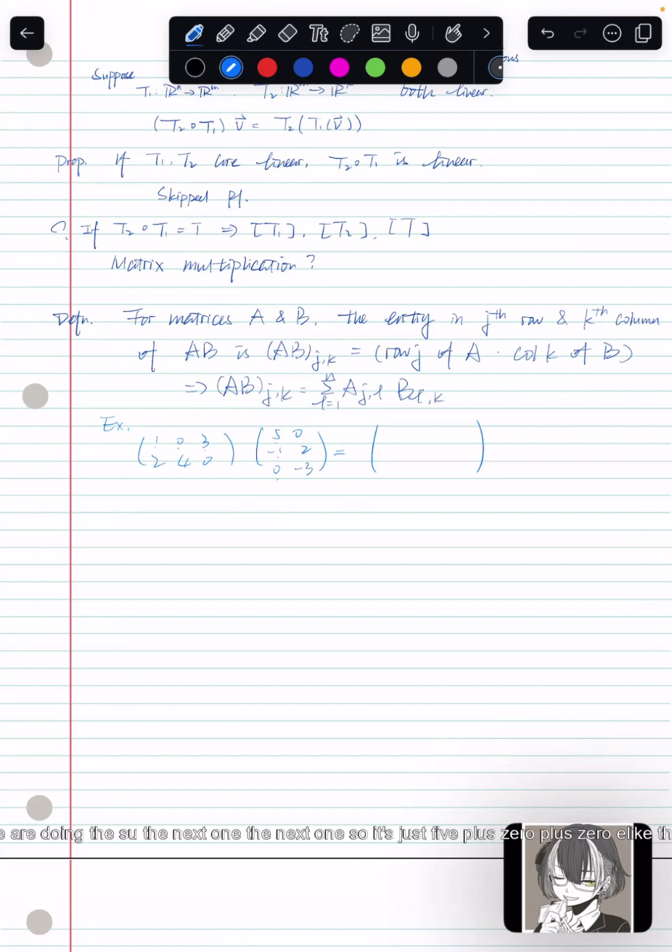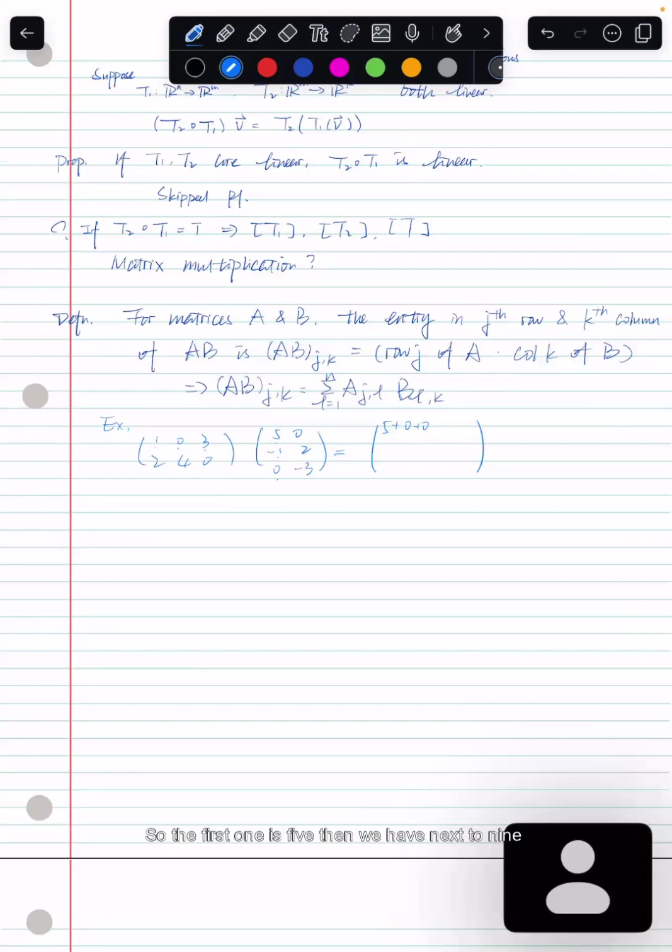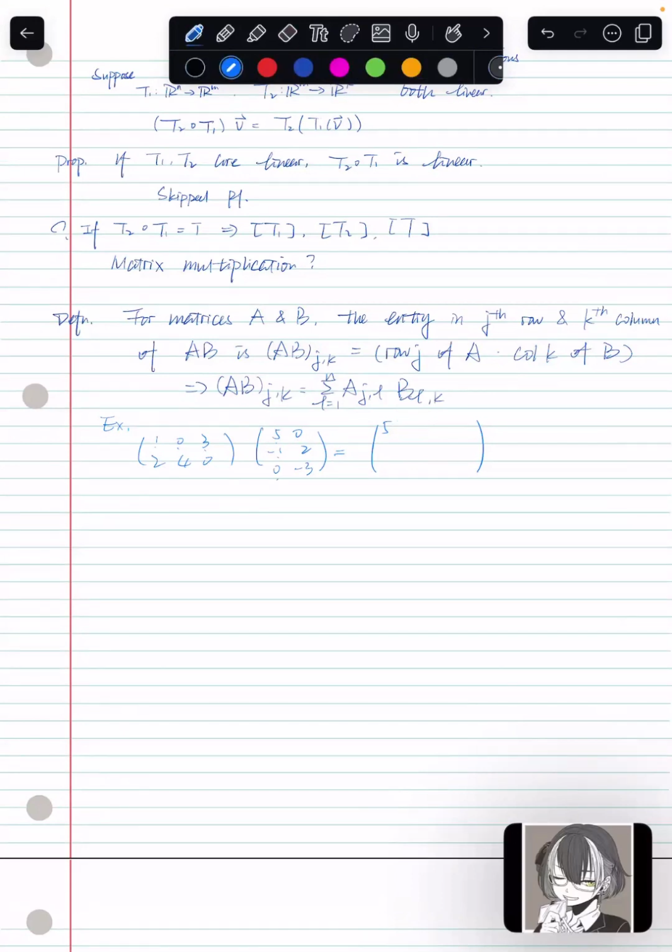So it's just 5 plus 0 plus 0, like that. And then the first one is 5, then we have next line 6, 8.